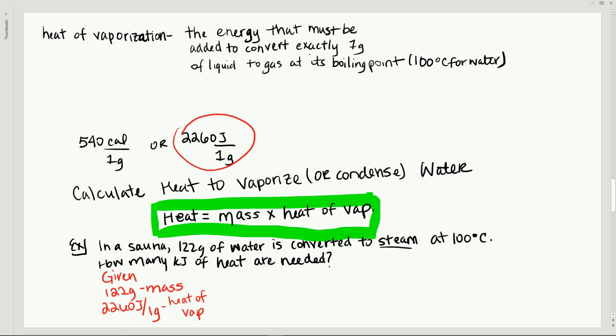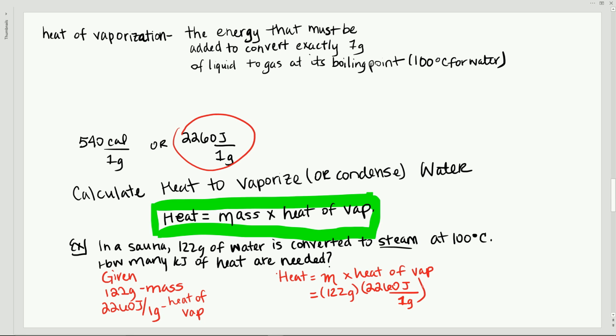Okay, so we know our formula, heat equals mass times heat of vaporization. Alright, so we know those two things, so we can plug those numbers in. So 122 grams times 2,260 joules per 1 gram.